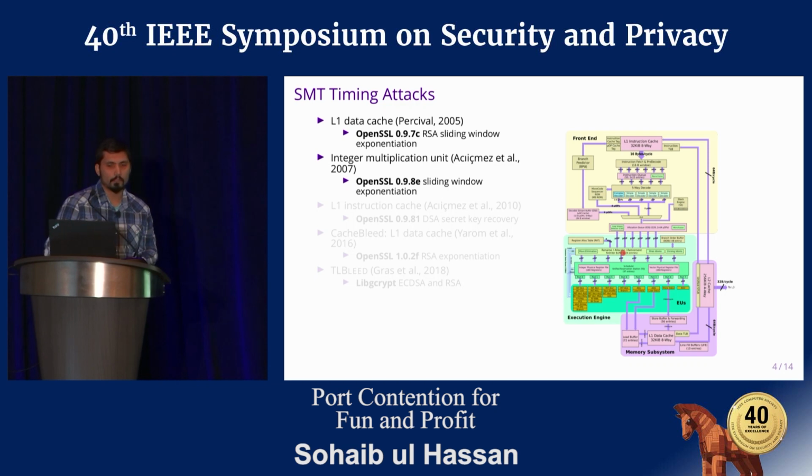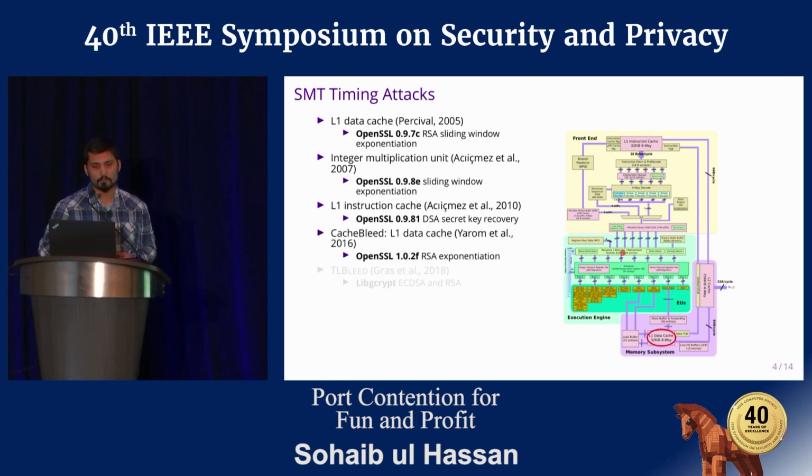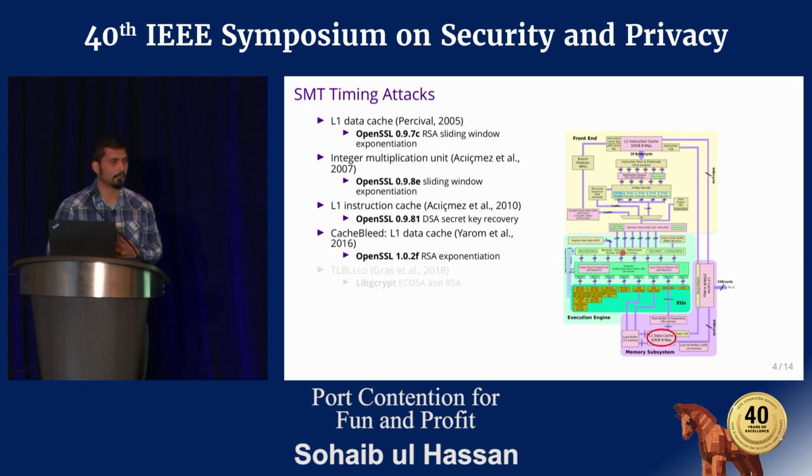And later on, the IMU specific to the Pentium 4 processors, which was shared among logical cores, was targeted again on a real-world application. Then there was an attack on the L1 instruction cache. Again, this was in an SMT environment, a shared resource. And very recently, CacheBleed, which instead of attacking the cache line, was targeting offsets within the cache line.